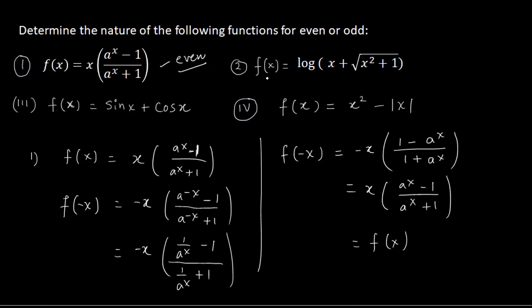Let us try our second function, and this function is f of x equals log of (x plus square root of x square plus 1). If you think you can tackle this question, you can pause this video and try to solve it.